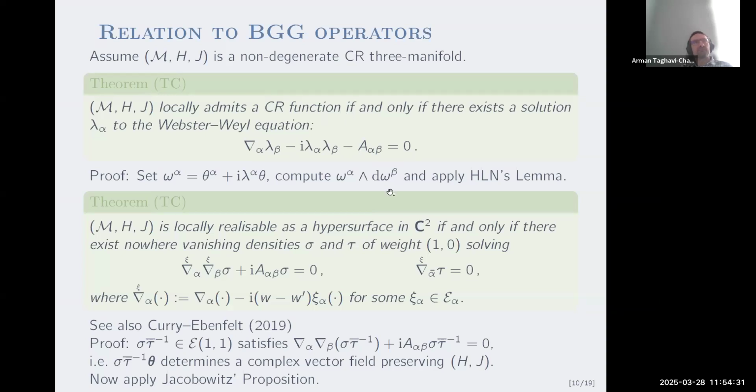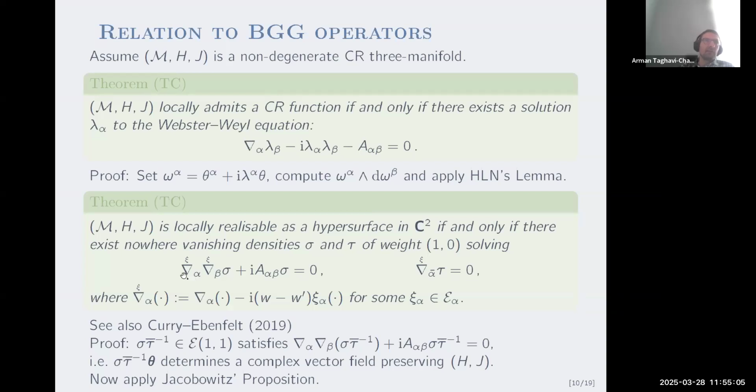The other result that I've related to CR embeddability and the work by Jacobowitz is the following. I proved that a CR manifold is realizable as a hypersurface in C2 if and only if there exist nowhere vanishing densities, sigma and tau, of weight 1, 0, that solve simultaneously these two equations.